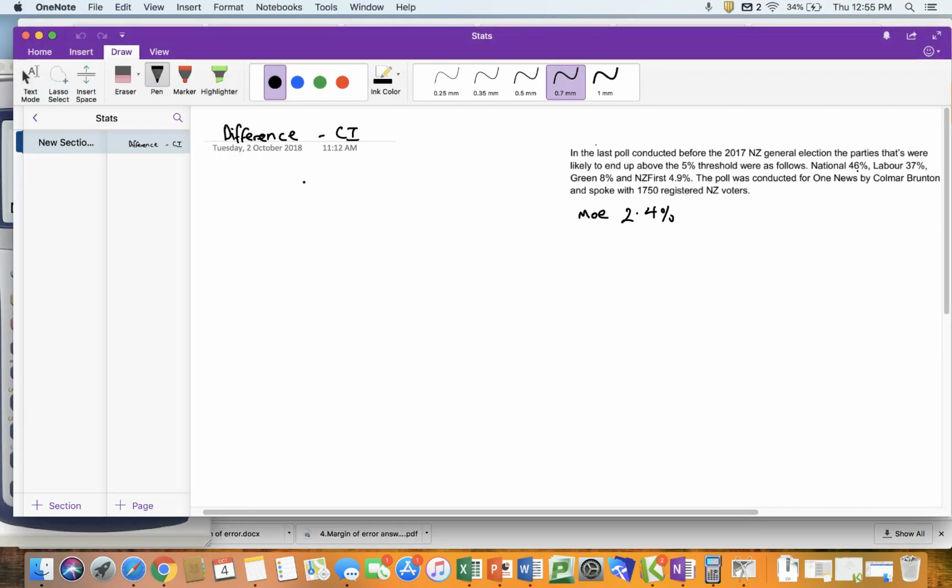So the difference between National and Labour was between 46% and 37%. So if I subtract the 37% from the 46%, I find that National had a 9% lead in the sample.